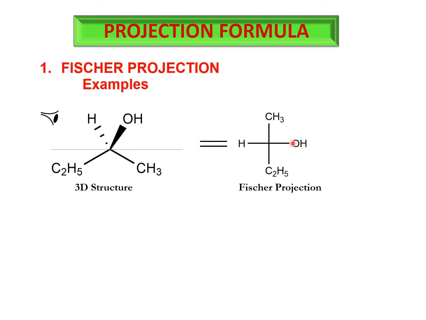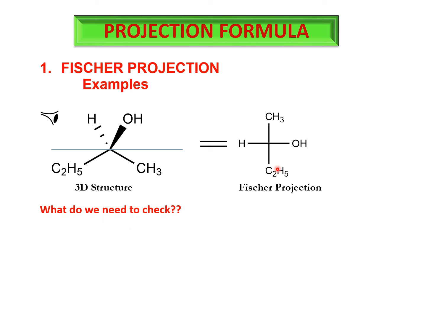Now, in this projection formula, this OH and H are coming out of the screen. This carbon atom is in the screen. H and OH are in front of the screen. CH3 and C2H5 are behind the screen. They are away from you. Correct? Now, let's check if we have drawn the correct Fischer projection.